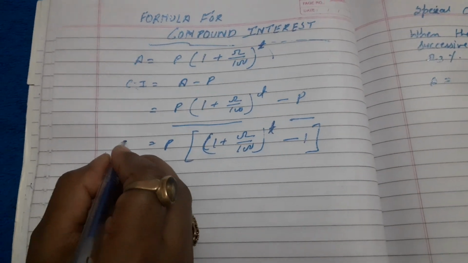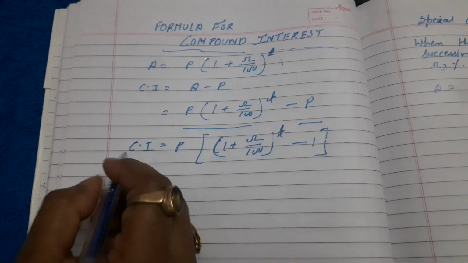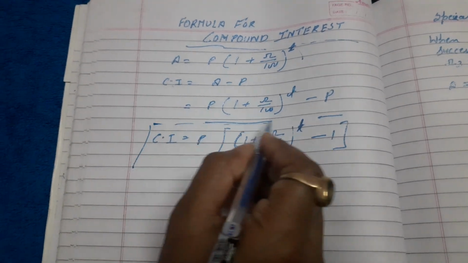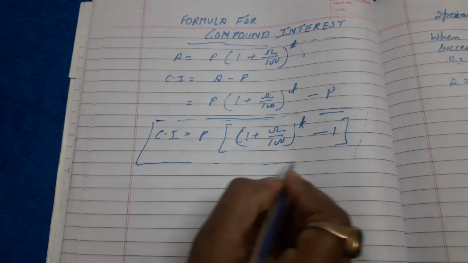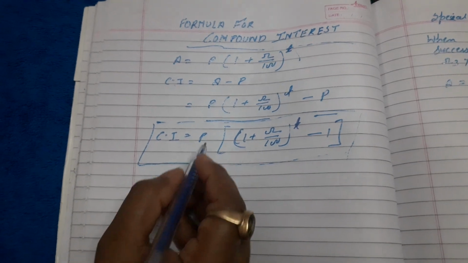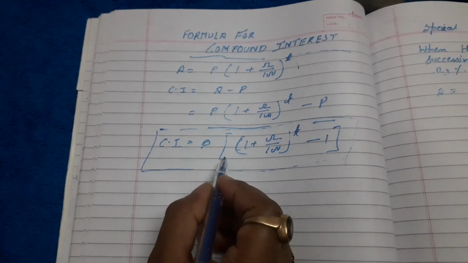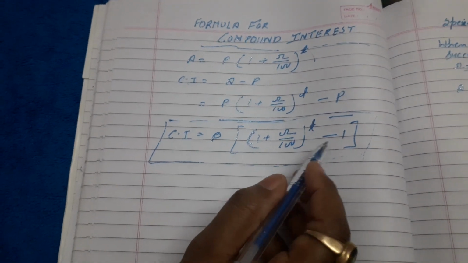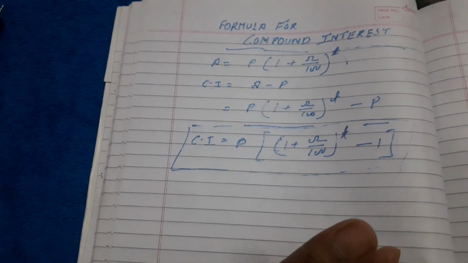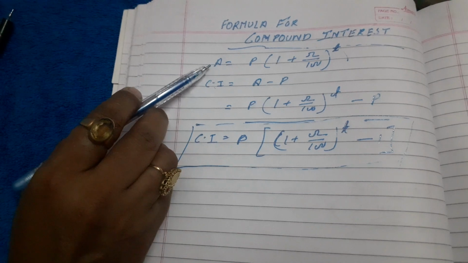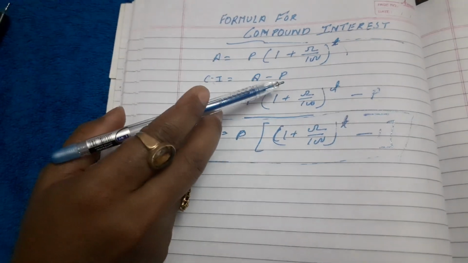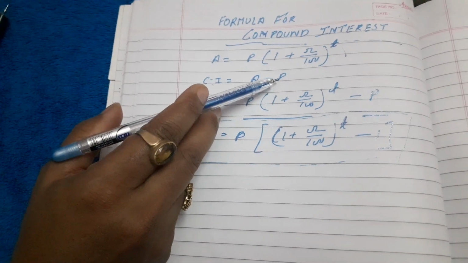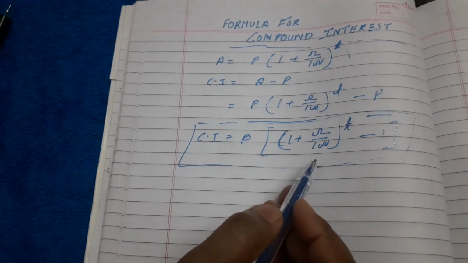So if we directly want to find the value of compound interest, this will be the formula. Compound interest is equal to P into within bracket 1 plus r by 100 to the power t minus 1, bracket close. You can find the value of amount and then subtract P to get the answer. That is also right, or you can use this formula.